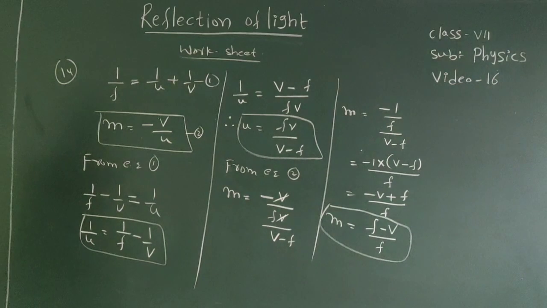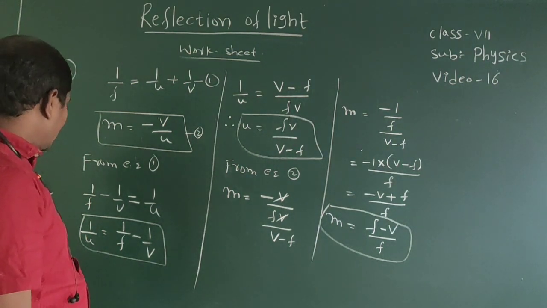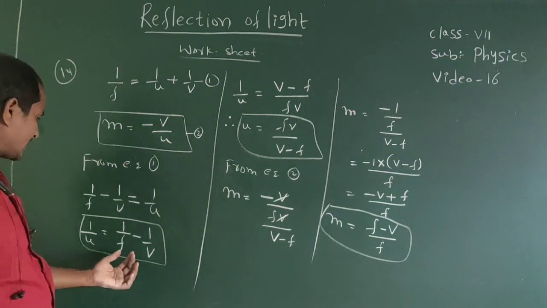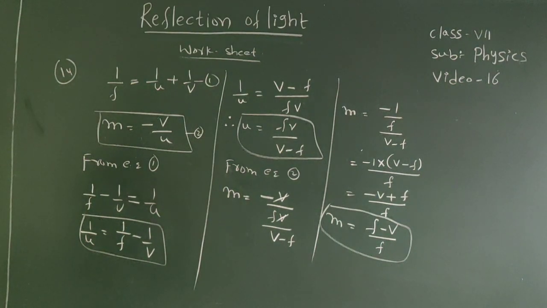What is the LCM here? f into v is the LCM. So 1 by u equal to v minus f by f into v.